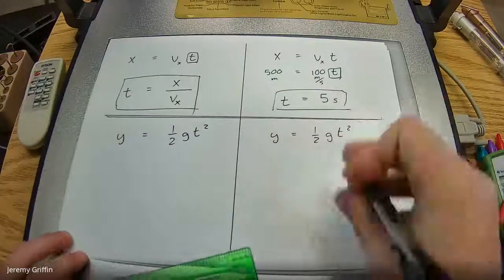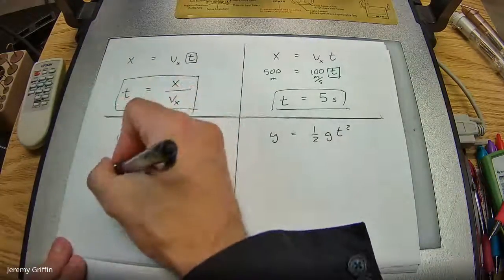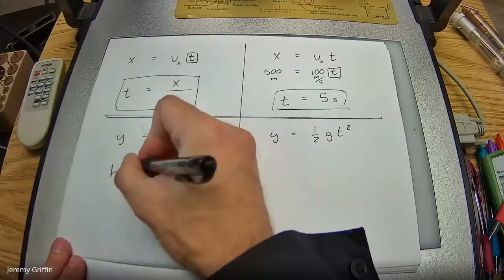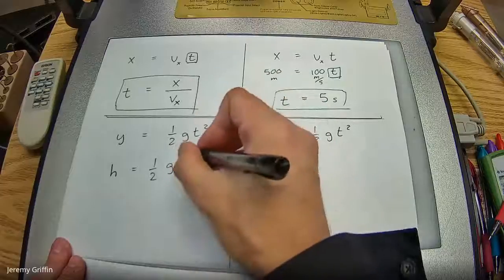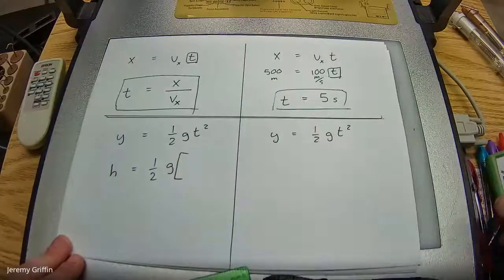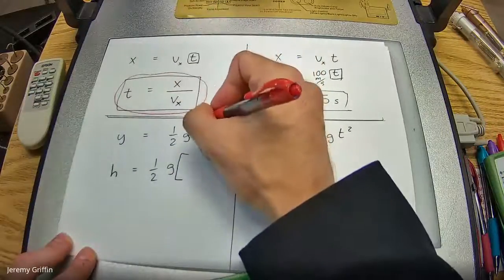Okay. Let's get some values. I know h, the height of the cliff, is represented by y in that context. 1/2 g. Now t, isn't that actually this expression right here? Is actually that guy right there.